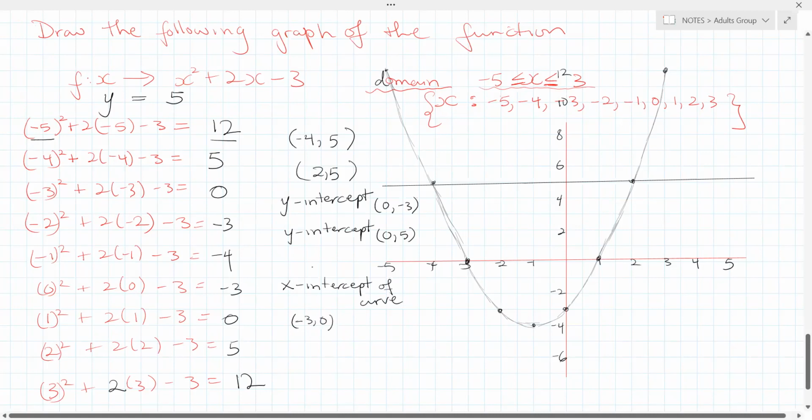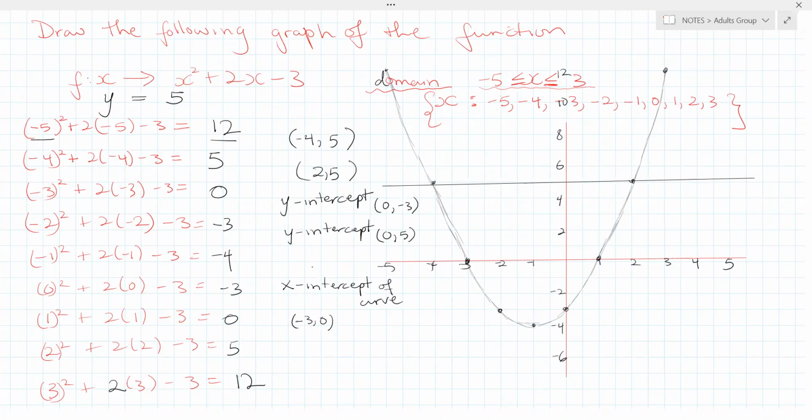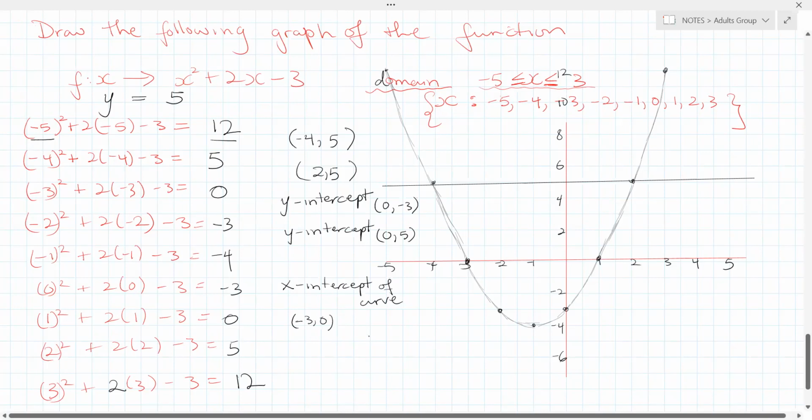Always remember, every time you speak a point, ask yourself, did I call the x first or did I call the y first? So -3, 0 and 1, 0.